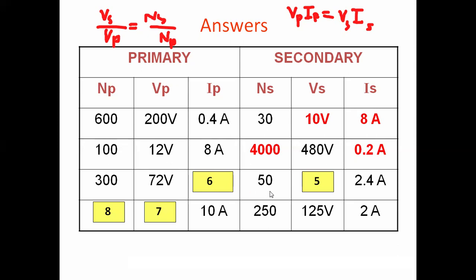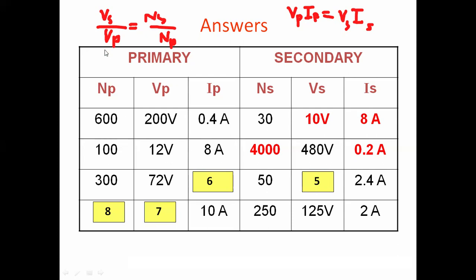We know the current in the secondary. So what if we apply Vp into Ip is equal to Vs into Is? We don't know both Ip and Vs. So how can we work out Vs? We will have to apply the first equation, 372. So what will be Vs?